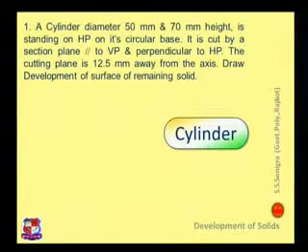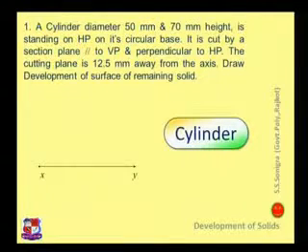This is given data. A cylinder is given. Diameter of the cylinder is 50 mm, height is 70 mm, standing on HP on its circular base. It is cut by a section plane parallel to VP, perpendicular to HP. So first draw a cylinder of given dimension, draw XY line that represents intersection of horizontal plane and vertical plane.